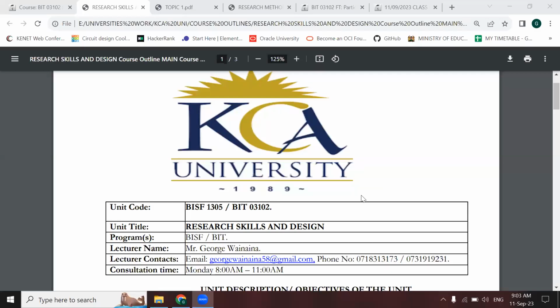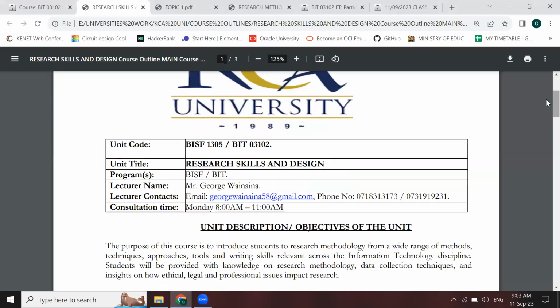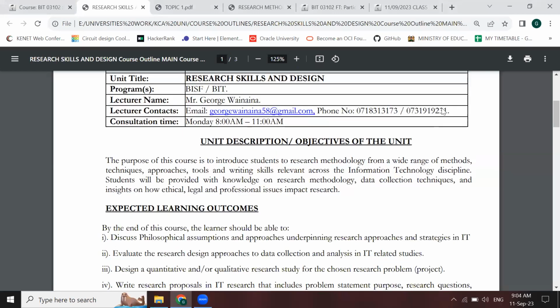So this is our course outline that we are going to check together this semester. And the unit code is BISF 1305 or BIT 03102. And this is research design, research skills and design. So here, as a student, you need to be introduced to some research methodologies.